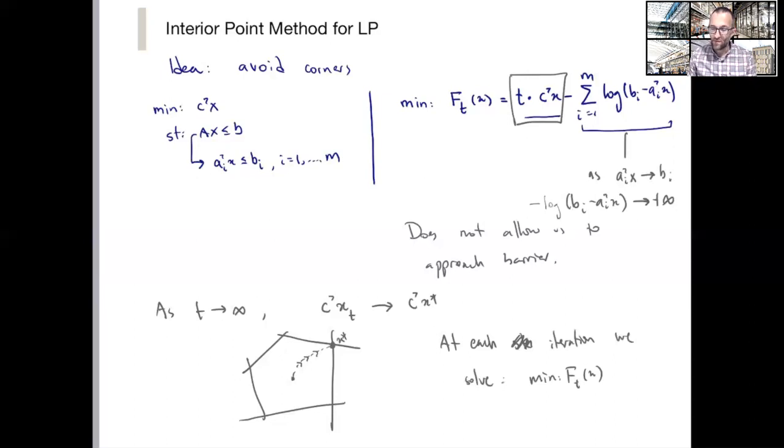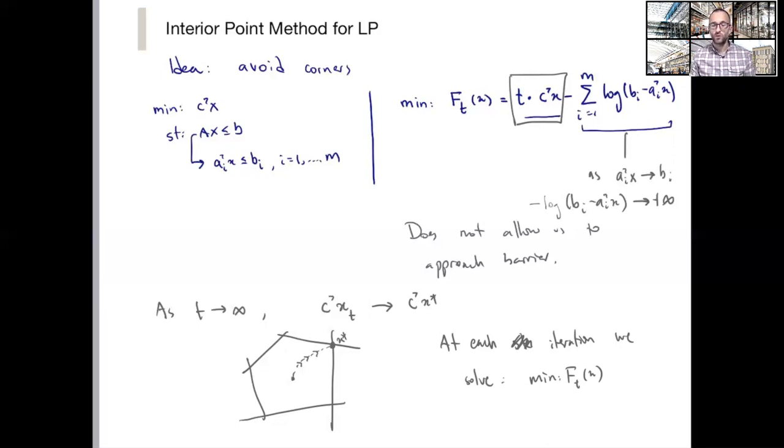So this is just a convex problem. Its negative log is convex, so it's convex. It's linear plus convex, which is convex. So this is the idea of the interior point method.